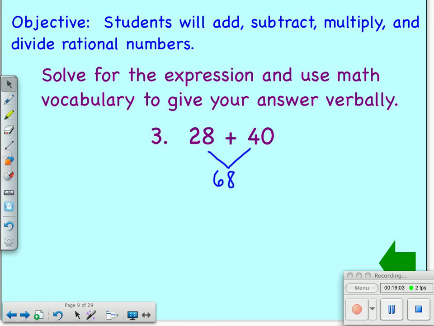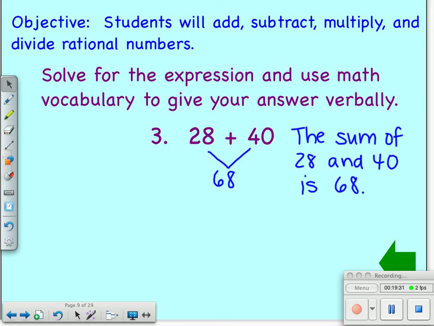If you can remember, what was the vocabulary we used for addition? Okay, if you said sum, or if you thought the word sum, then you were correct. So we would write the sum of, and then write the terms, 28 and 40, is, and give the value, 68.